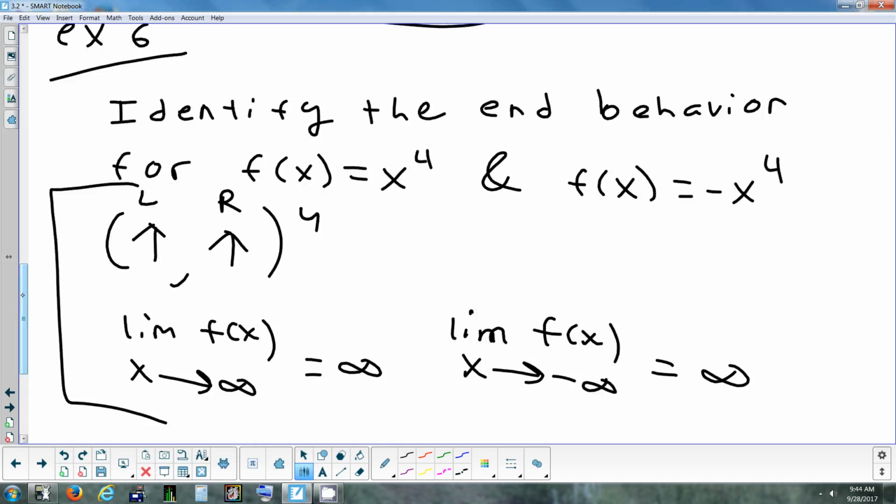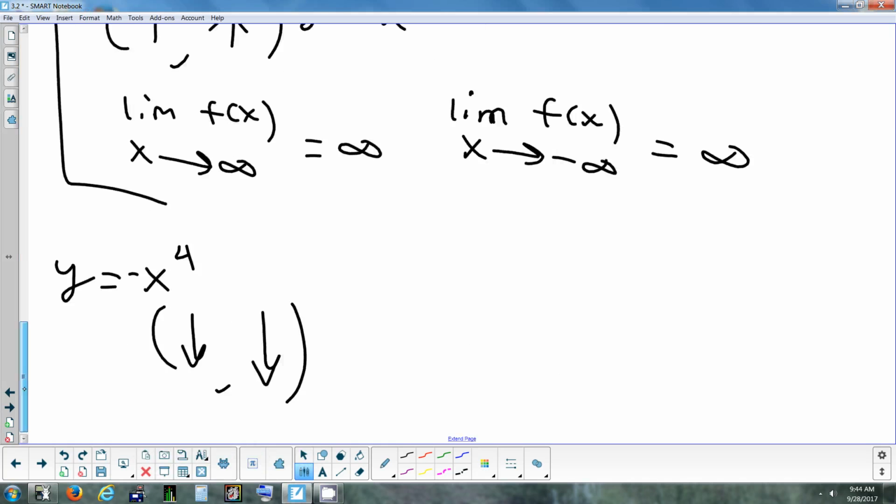This was y equals x to the fourth. And the only thing that would change in the limit is both the infinities would be negative infinities.